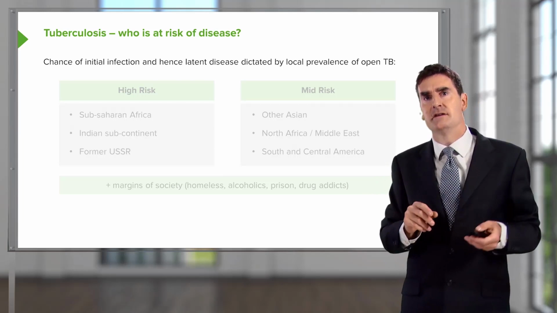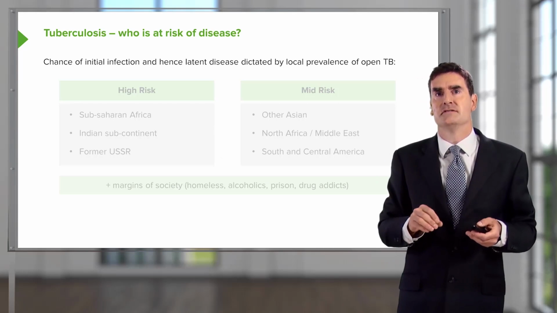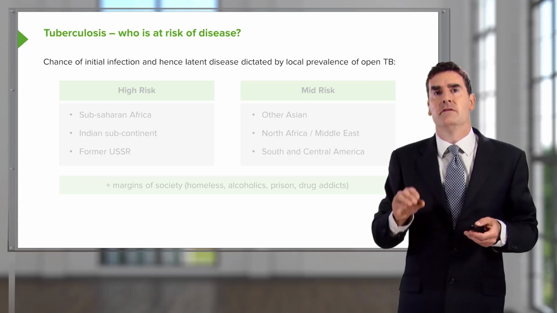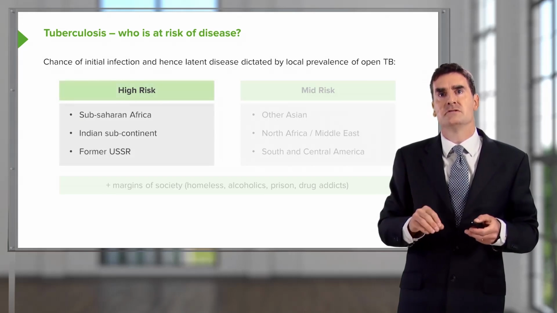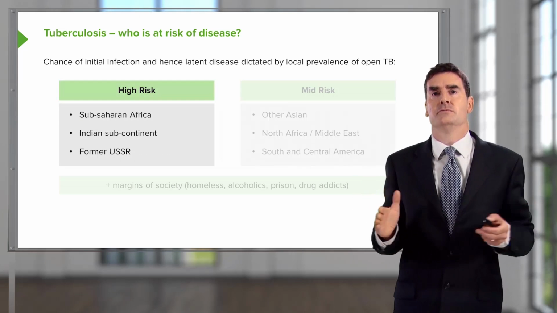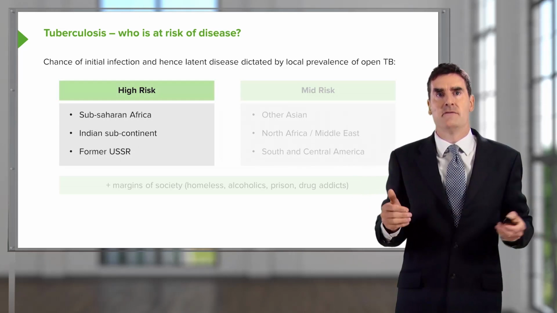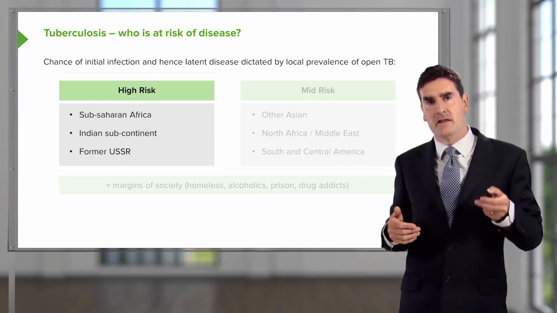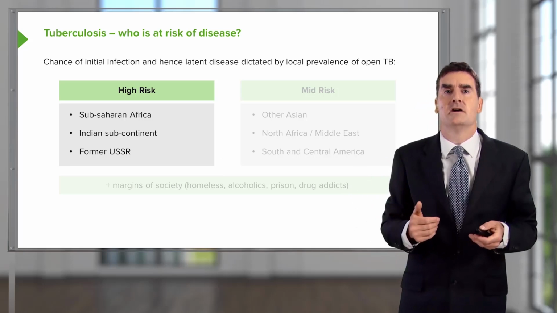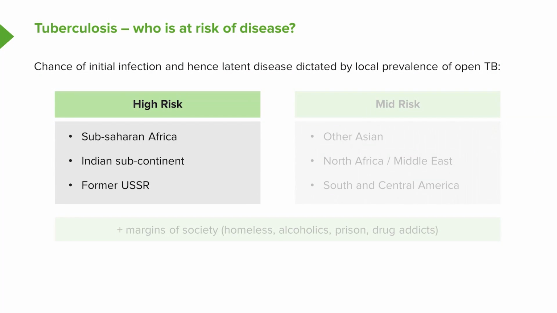And that is dictated by the prevalence of tuberculosis where you live. Therefore, people who are brought up in countries with a high prevalence of people with open tuberculosis, and that's sub-Saharan Africa, the Indian subcontinent, and parts of the former USSR, are much more likely to have latent tuberculosis, and therefore develop reactivation disease as you get older.